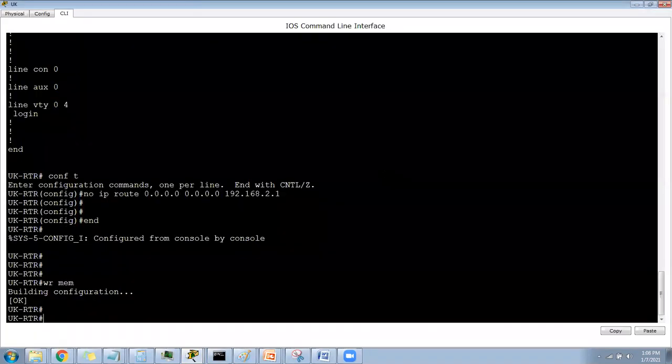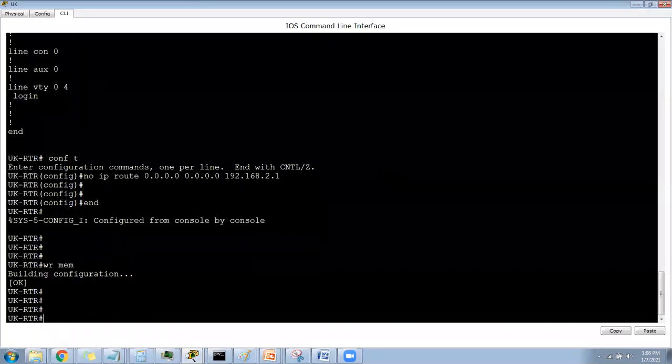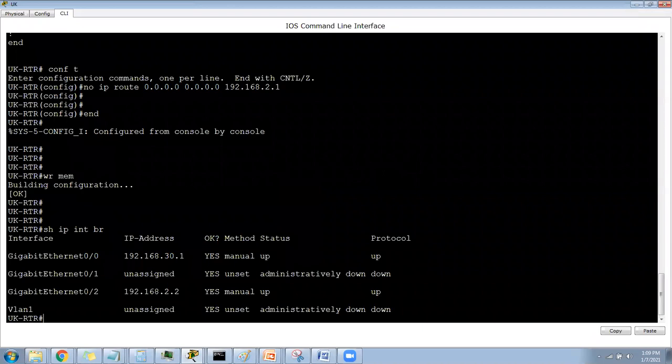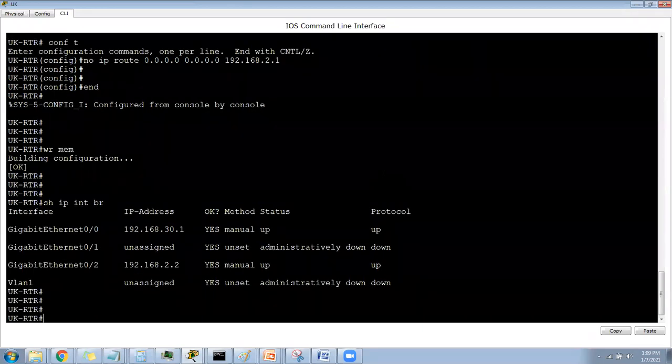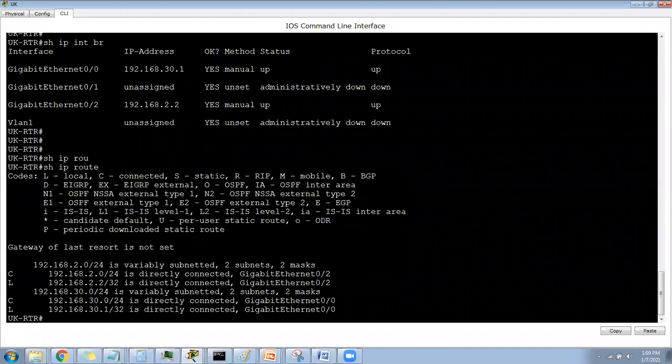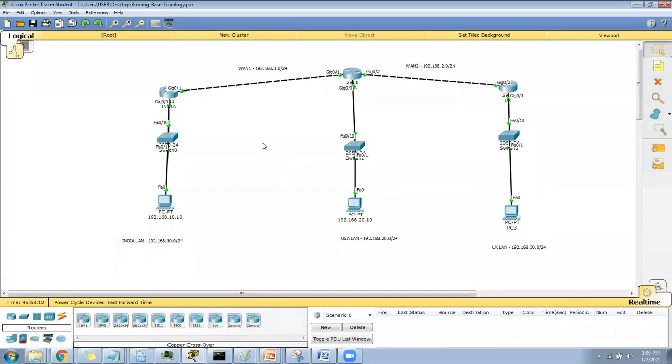So this is our base diagram. We haven't done anything, just the basic configuration, and we saved it. You can repeat this diagram multiple times. Show ip route. Similarly here, the UK router knows about the WAN link and its own LAN. That's it. Now tell me, for the India router, how many routes are missing here? How many networks are not directly connected?